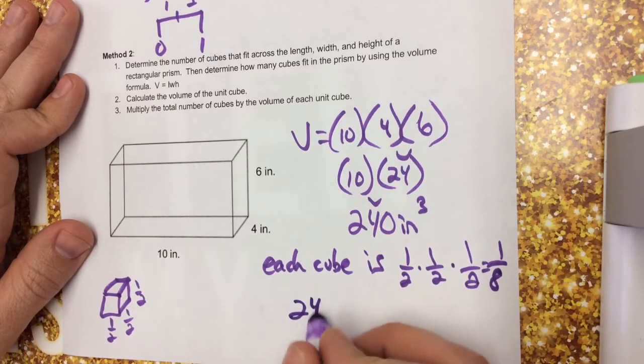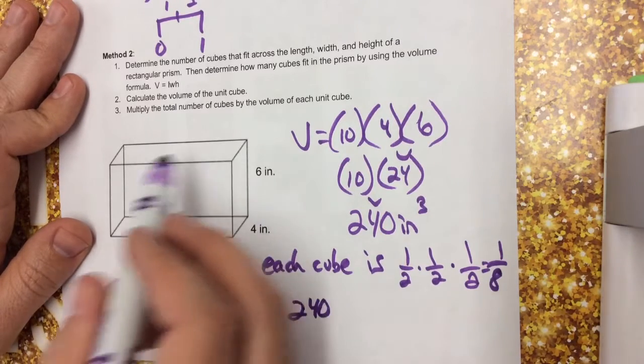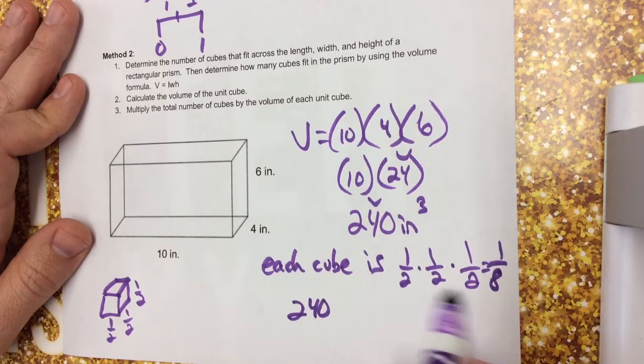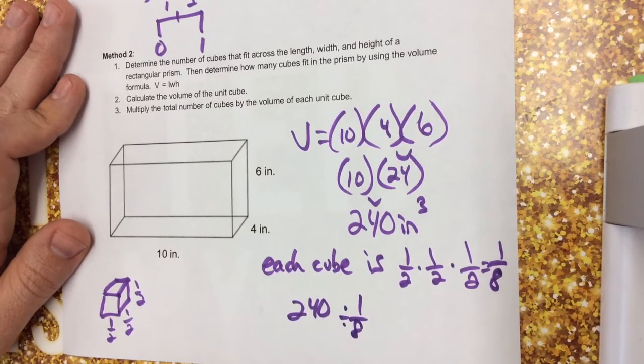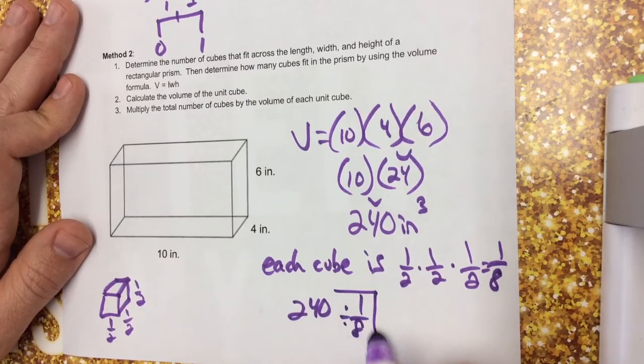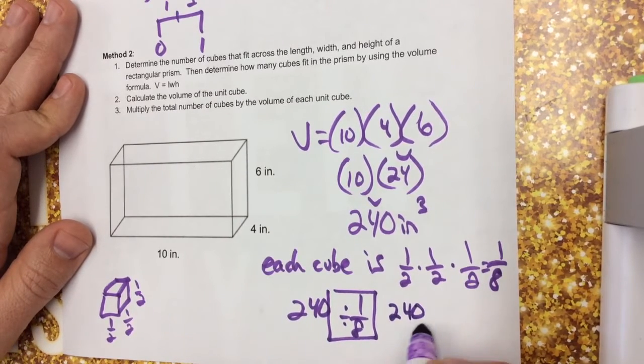So then we take the 240, the volume of the whole shape, and divide it by 1/8, or as we know in keep change flip for dividing fractions, we're going to change that up. It's going to be 240, which is also written over 1, times 8 over 1.